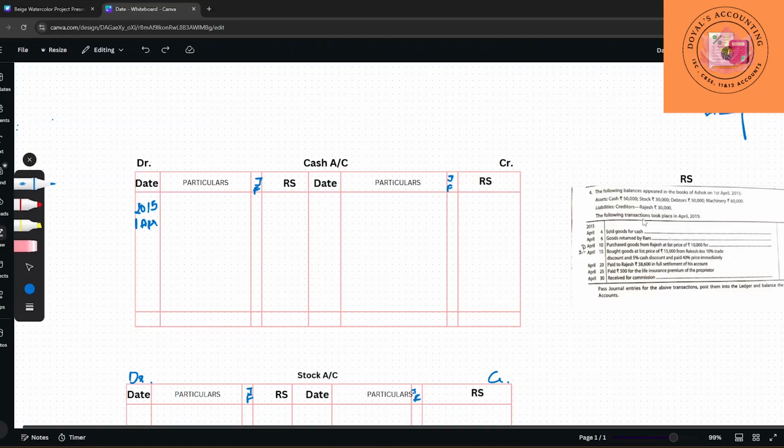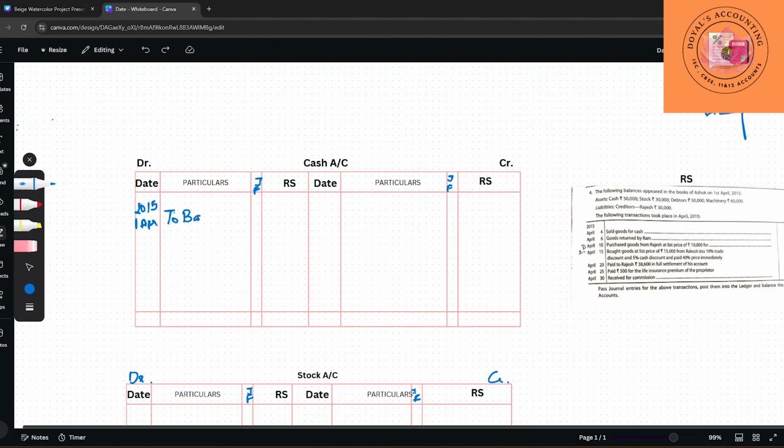Those balances will be brought forward to the next accounting period, and in the ledgers it will be recorded, depending on the nature of the account, on which side as to or by balance brought forward.